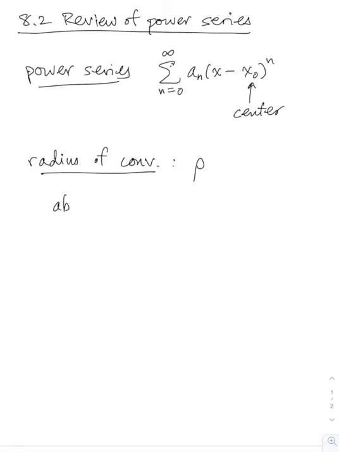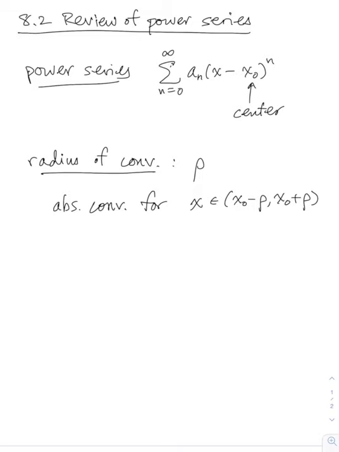We have that our power series is absolutely convergent for any x in the interval from x0 minus rho to x0 plus rho. So you plug a number in for x, and you get an ordinary series, which could be absolutely convergent, conditionally convergent, or divergent.